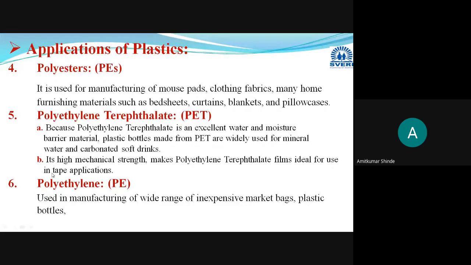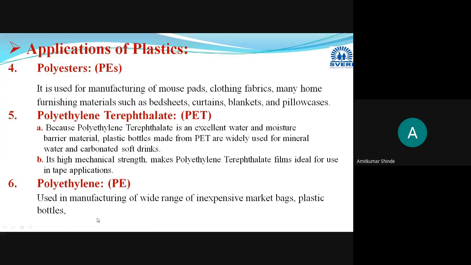It is used in the manufacturing of tapes and plastic bottles. For plastic bottles it acts as a barrier material for moisture, and it also has excellent tensile strength. That's why it is used for manufacturing tapes also.